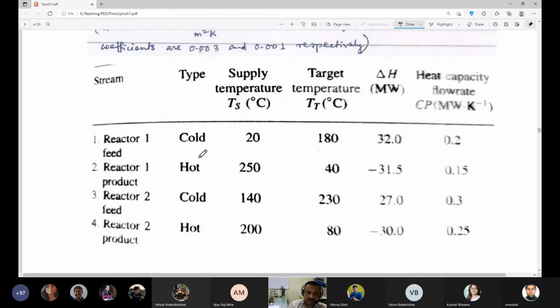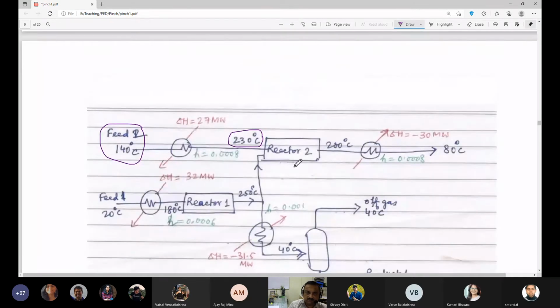I'm calling this a cold stream because it is available at 20 and I'm raising the temperature to 180. Whereas we call this a hot stream because it is available at 250 and we are decreasing the temperature to 40. These numbers and delta H values are simply replicated here from this plot.